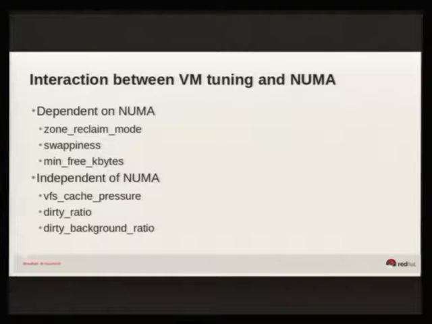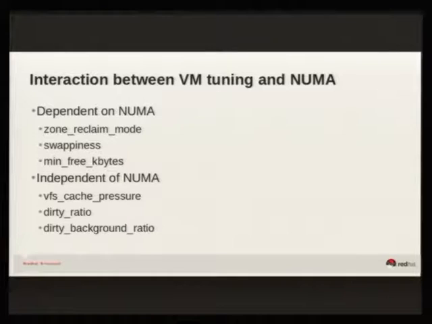I was going to say that all of these are documented, by the way, in Documentation/vm or Documentation/kernel. In the documentation area, they're well documented, and we've enhanced the documentation to talk about how they interact with NUMA systems. So the ones that I want to talk about that are dependent on NUMA are just three of them: zone_reclaim_mode, swappiness, and min_free_kbytes.